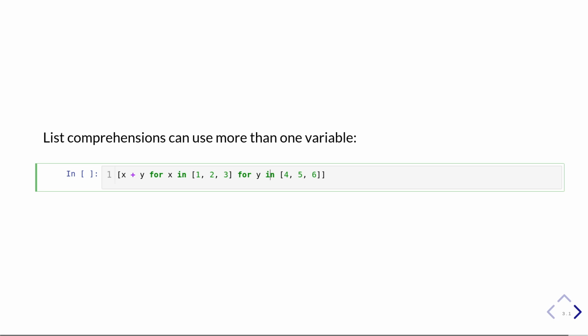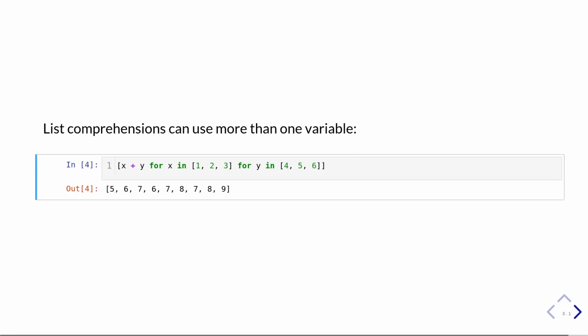That will produce all the sums 1 plus 4, 1 plus 5, 1 plus 6, 2 plus 4, 2 plus 5, 2 plus 6, and 3 plus 4, 3 plus 5, 3 plus 6. As you see, when I run it, we get all of those 9 sums.